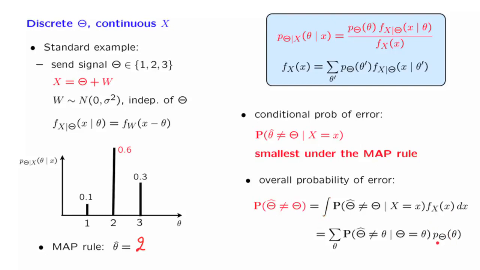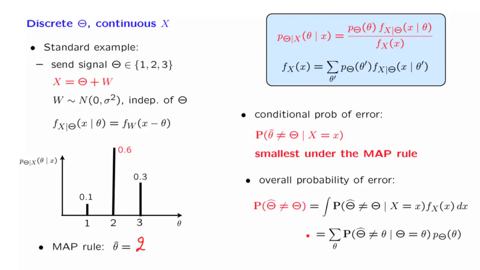Alternatively, you can condition on the possible values of theta, calculate conditional probabilities of error for any particular choice of theta, and then take a weighted average of them. In practice, this calculation sometimes turns out to be the simpler one.